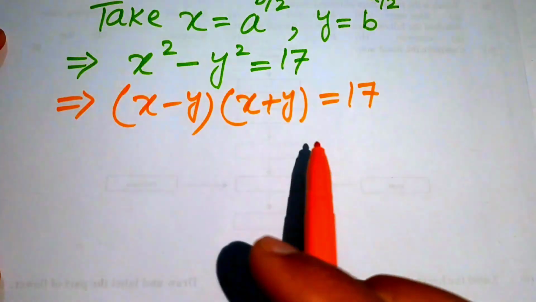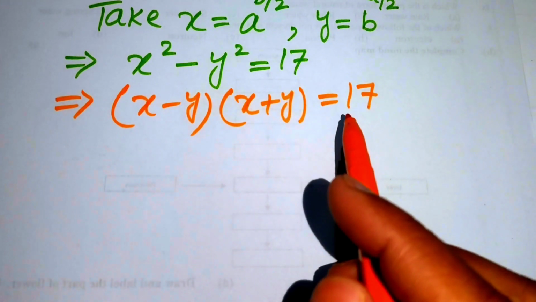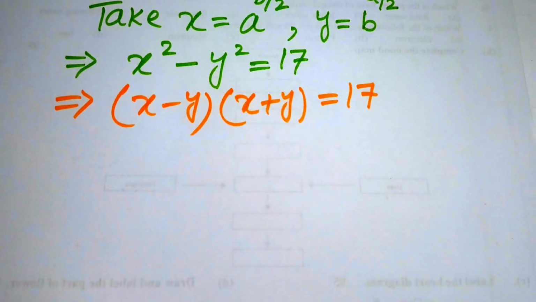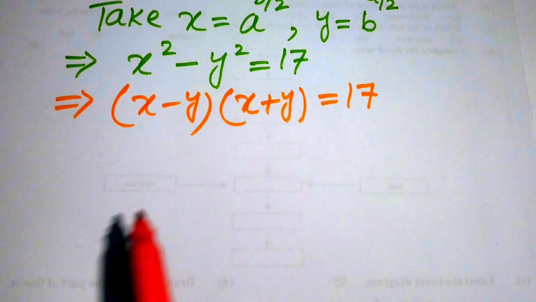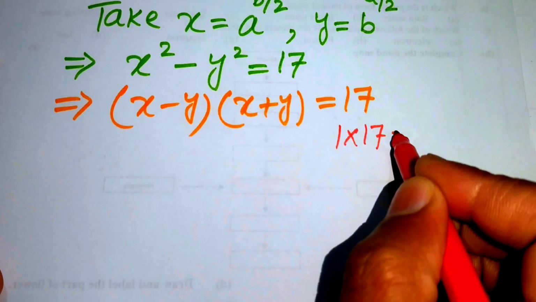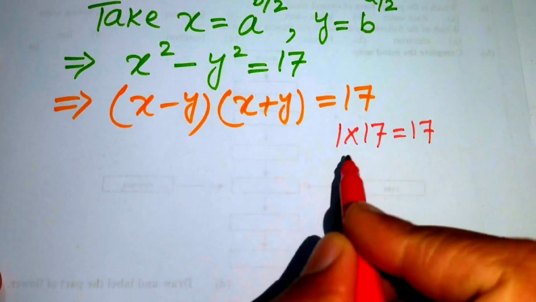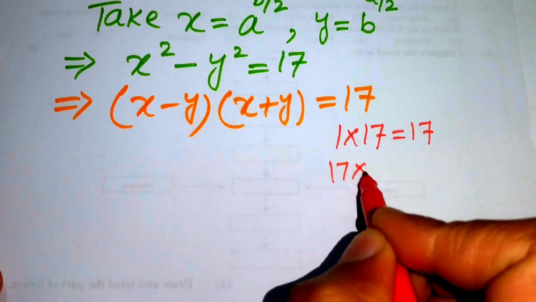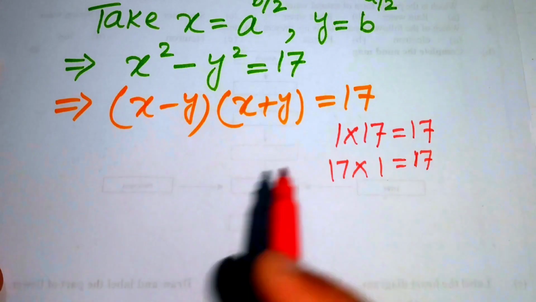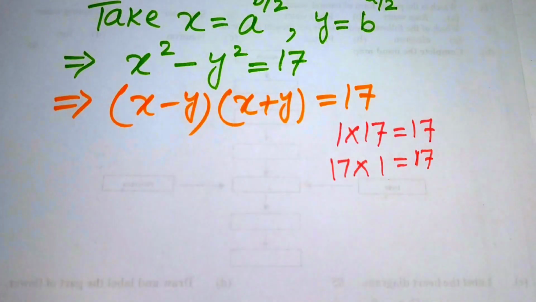We first find the factors of 17, that is, any two numbers whose product is 17. Here we have two possibilities. The first possibility is 1 times 17 equals 17, and the second possibility is 17 times 1 equals 17. So we have only two possibilities here.